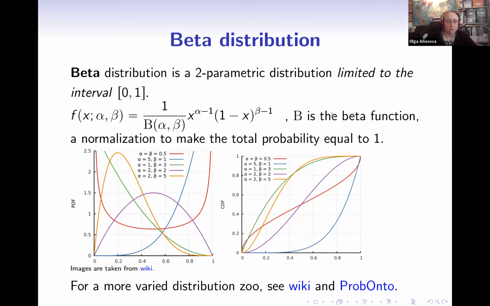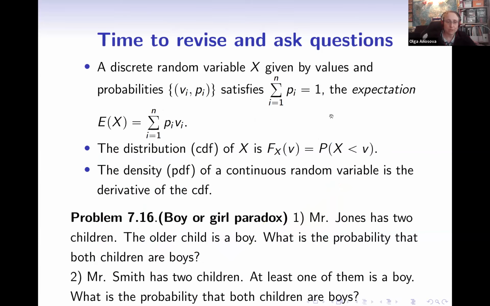So today it was the zoo of distributions. Next time we are dealing with the normal distribution, but after that, on the last session for this year, we are again moving from the normal distribution to real life and showing why life is not normal. But that's all for today.